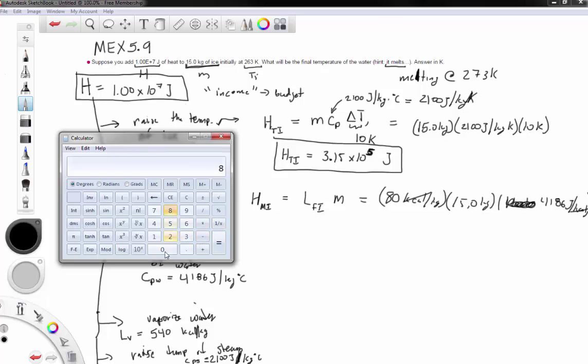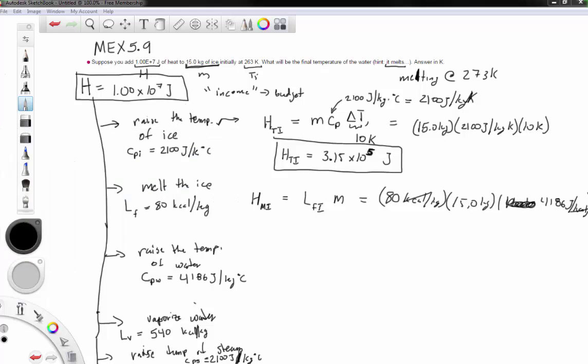So we have 80 times 15 times 4,186, and we end up with basically 5,023,200. So we can basically write that the heat to melt ice is 5.0232 times 10 to the 6 joules.